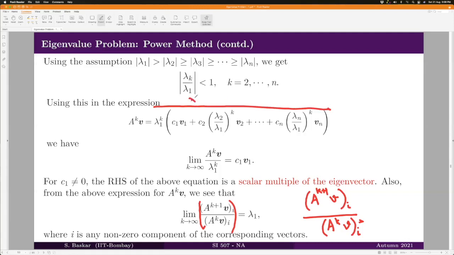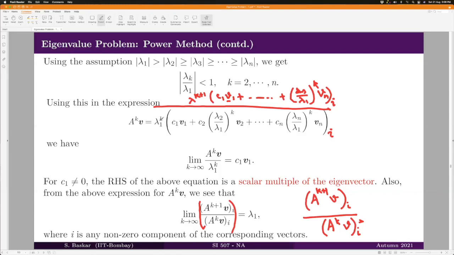Numerator is lambda 1 to the power of k+1 into c1 v1 plus and so on, plus (lambda n by lambda 1) to the power of k vn. Remember, these are vectors, but you are only taking the ith component of that vector, right?